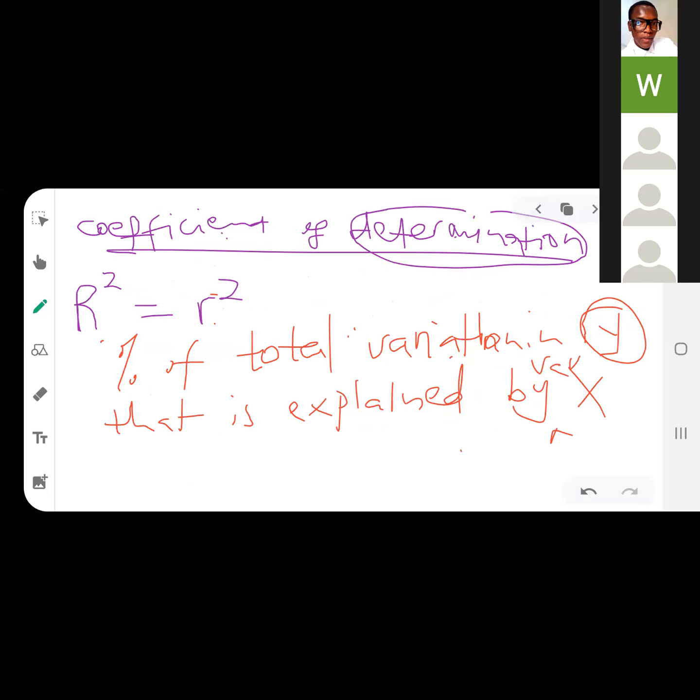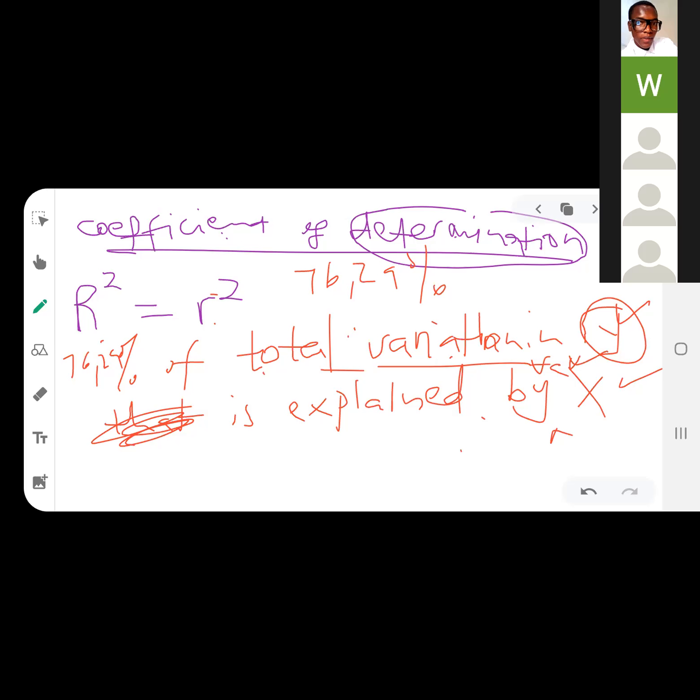It's here. So we got 76.29%. So you will say 76.29% of the total variation in the dependent variable is explained by the variation in the independent variable. That will be the interpretation of the coefficient of determination.